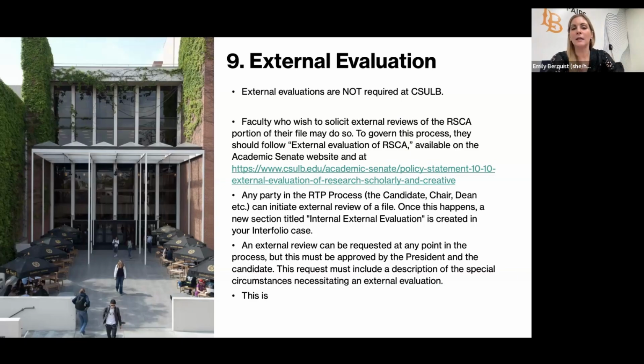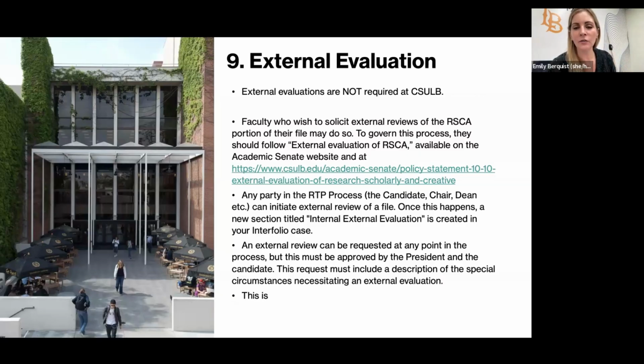However, any party in the RTP process can also initiate an external review of a file. So for example, that could be your chair, your dean, or a different member of your committee. So once this happens, a new section titled Internal External Evaluation, yes, that's the real title, is created in your Interfolio case.